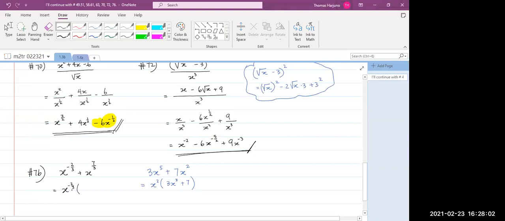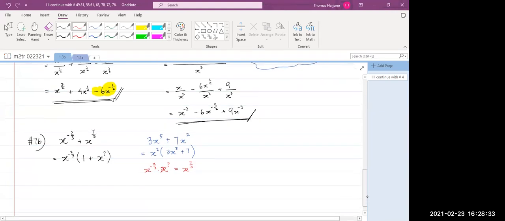So I factor that out first. Okay, now the first term becomes 1 plus, now what is the exponent here, such that x to the negative 2/3 times x to the question mark equals x to the 7/3? What is that question mark supposed to be?